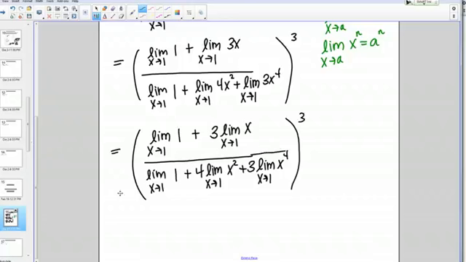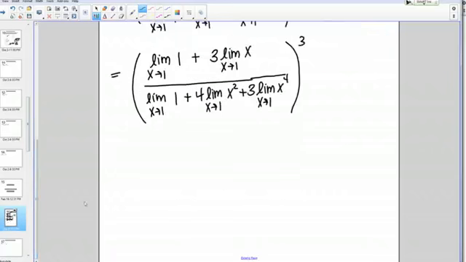Now we're going to apply those rules I just reminded you of. The limit as x goes to 1 of a constant is just that constant. So that's just going to stay 1 plus 3. And now I just have the limit as x goes to 1 of x, so that's just going to be 1.